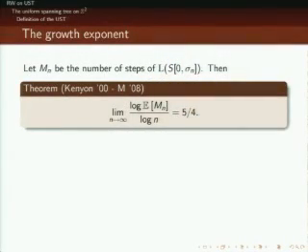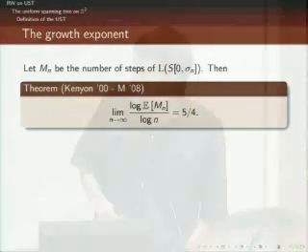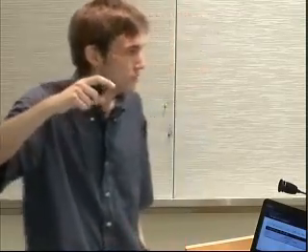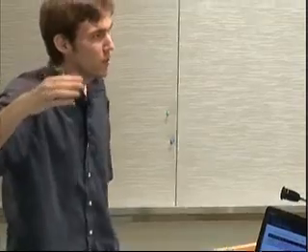Well, so this is a notation I really needed to introduce right here. So we're going to let M_n be the number of steps of the loop erasure of the random walk from 0 to sigma_n. So sigma_n is just the first time it leaves the ball of radius n.